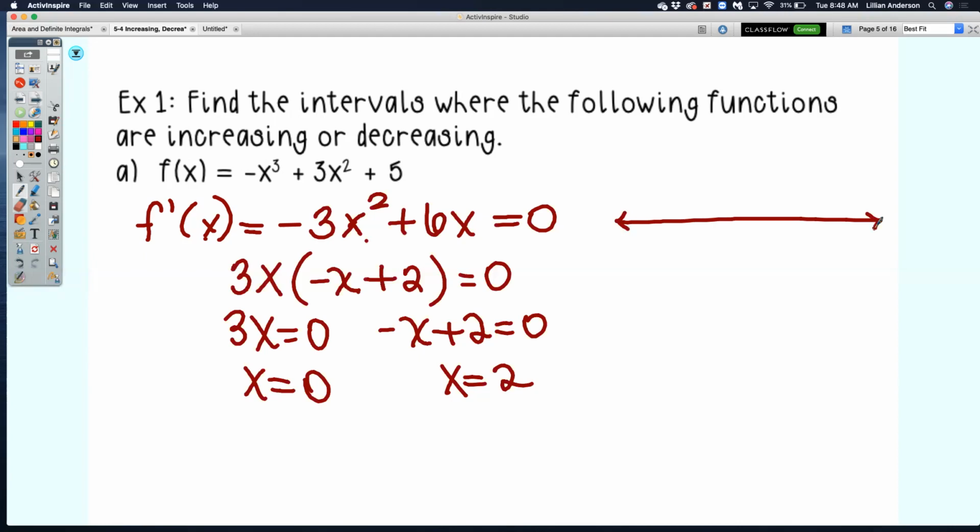Some people like to create a table. You know, visual aspects, that's just there. So what I'm going to do is I'm going to put 0 on my number line, and I'm going to put 2 on my number line. The two values I got when I solved my first derivative when it equaled 0.